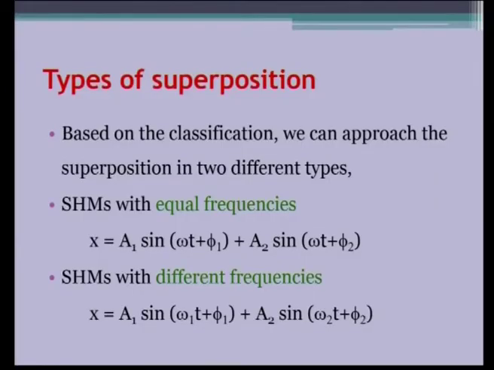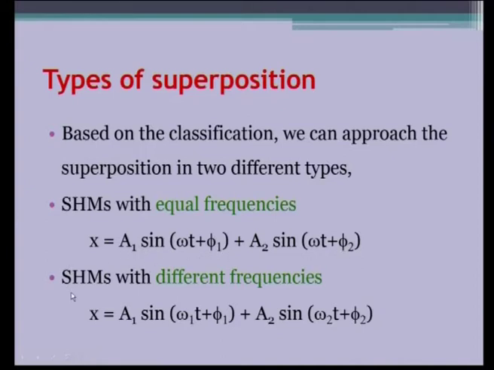So, in this lecture we have just seen the general view of superposition. The special cases will be taken up one by one in the upcoming sessions, and this is called the type of superposition. Based on the classification, we can approach the superposition in two different types, that is the SHMs with equal frequencies. It is very easy to understand now. See, the frequencies are the same, omega is the same here, only they differ in the amplitude, of course in the phi also.